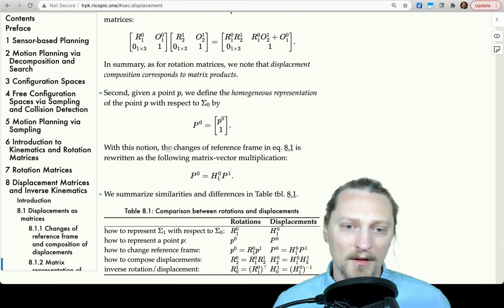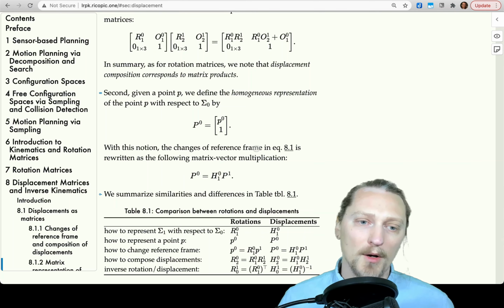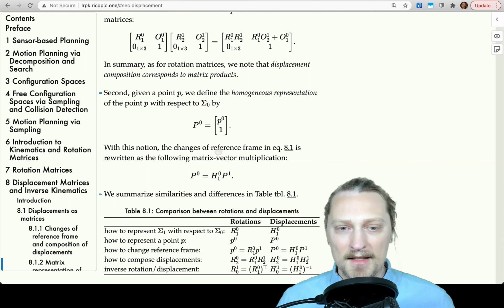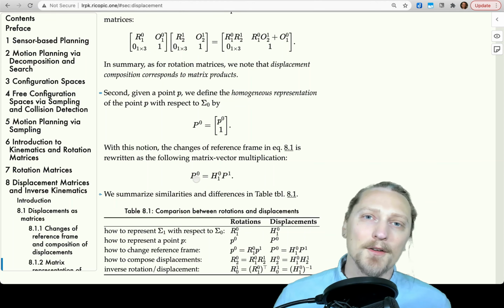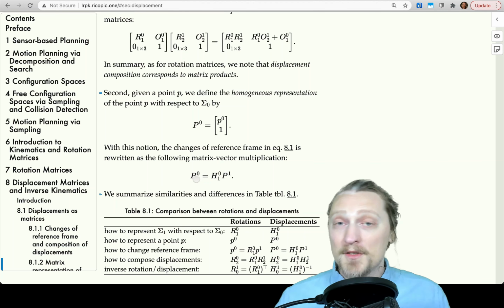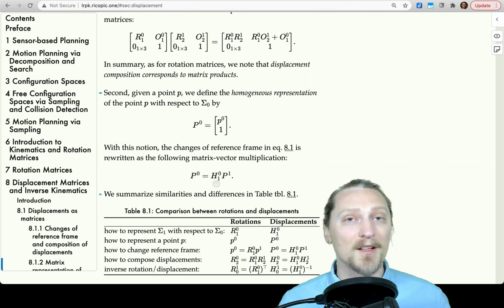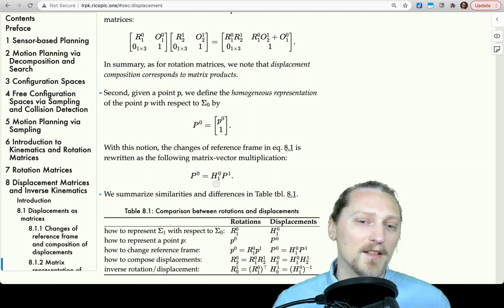So with this notion, the change of reference frame in equation 8.1 is rewritten as the following matrix vector multiplication. So now we see that H^0_1 P^1 is equal to P^0. So we can not only rotate using multiplication, but now we can rotate and then translate.